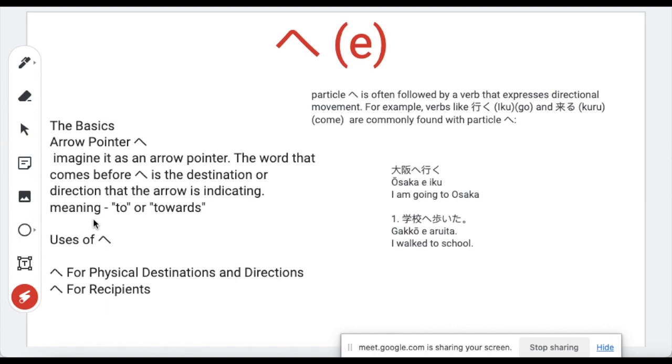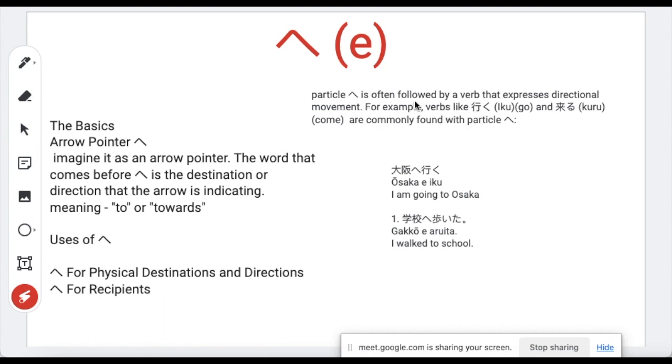So let's see. The meaning is 'to' and 'towards', and it is used for physical destination and direction, and we can also use it for a recipient. How are we going to use 'e' to point to destination and direction?